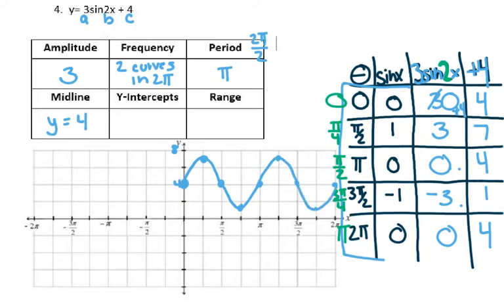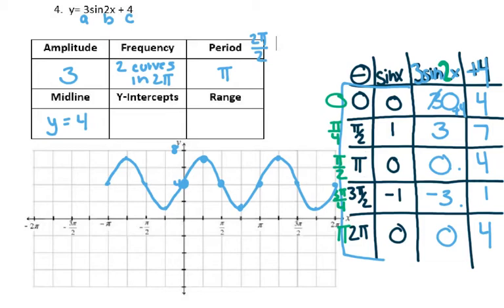If I wanted to, I could continue into the negative direction as well, repeating the same pattern. From here, I'm going to go down to a negative 1, then up to a positive 4, then up to a positive 7, and back to a 4, and the pattern continues as the graph oscillates.